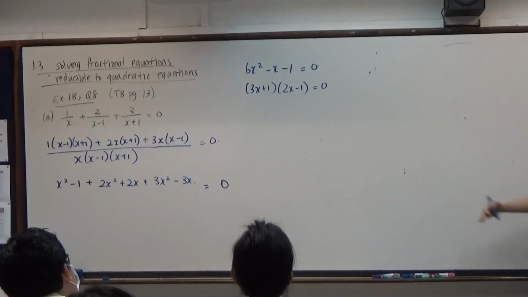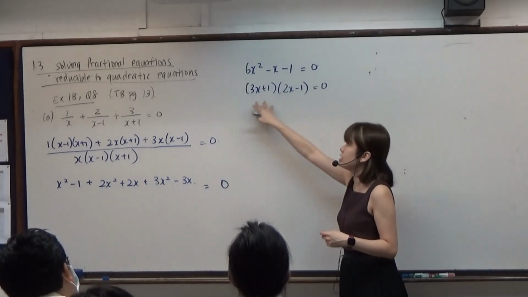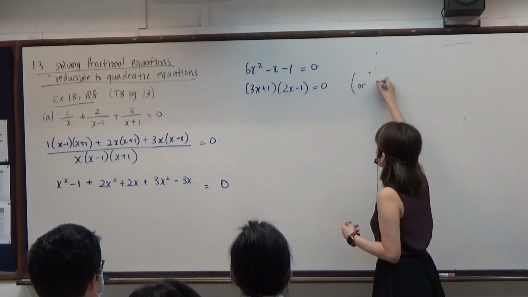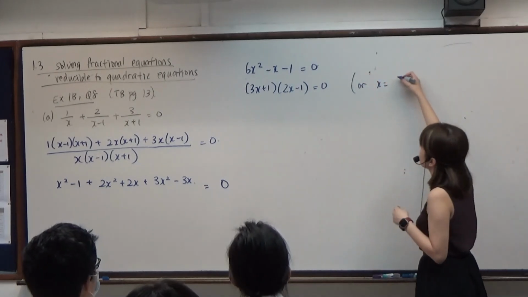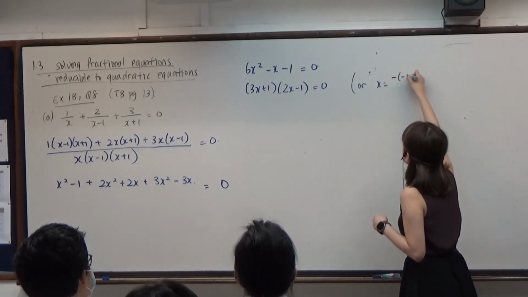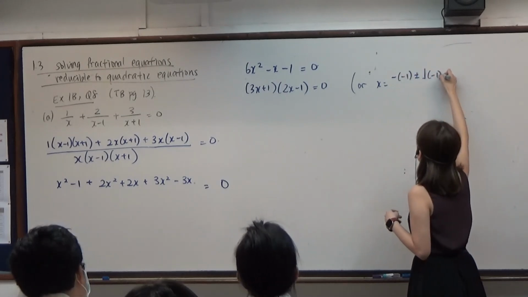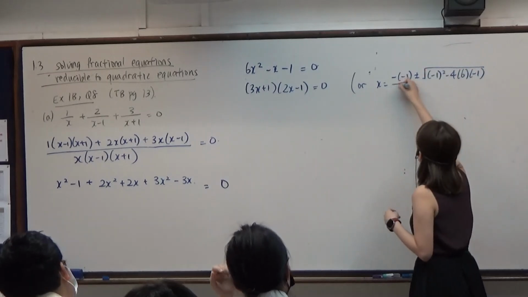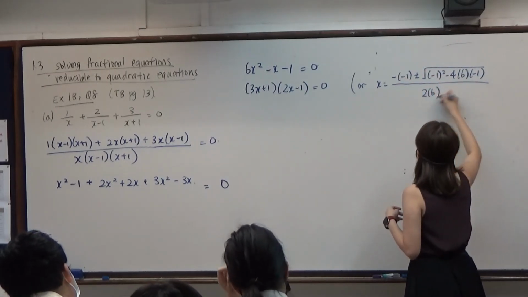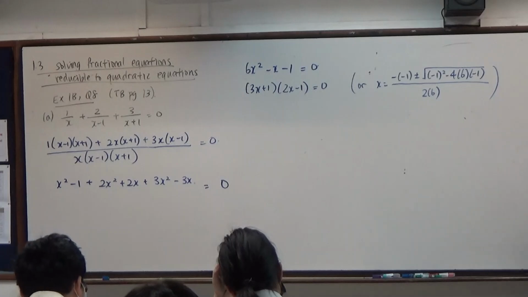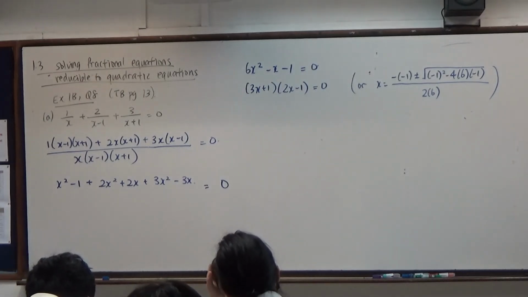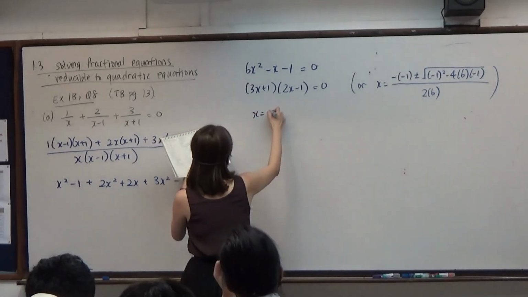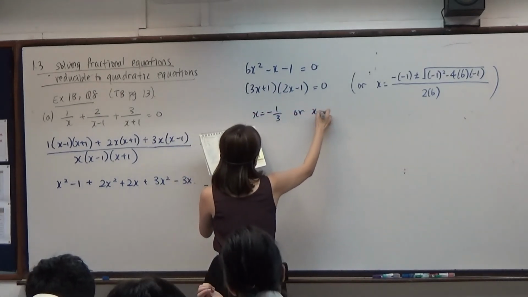If you're doing the factorization method, you have to show me the factors. Otherwise, if you use the formula, you got to show me the step involving the formula. Then we will be able to get the answer of x equals to negative 1/3 or x equals to half.